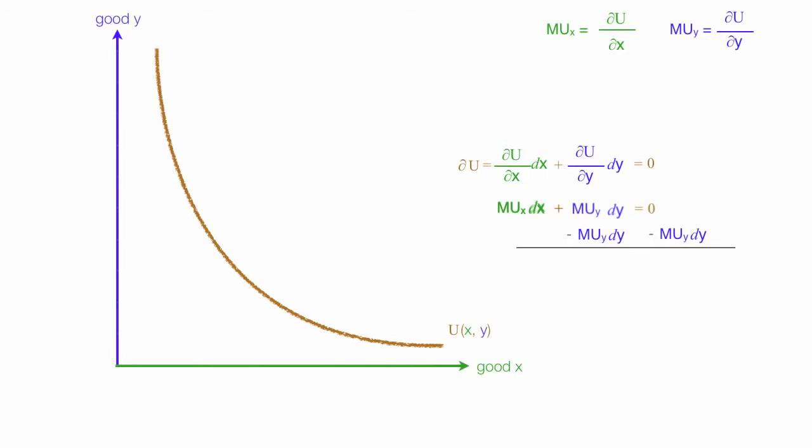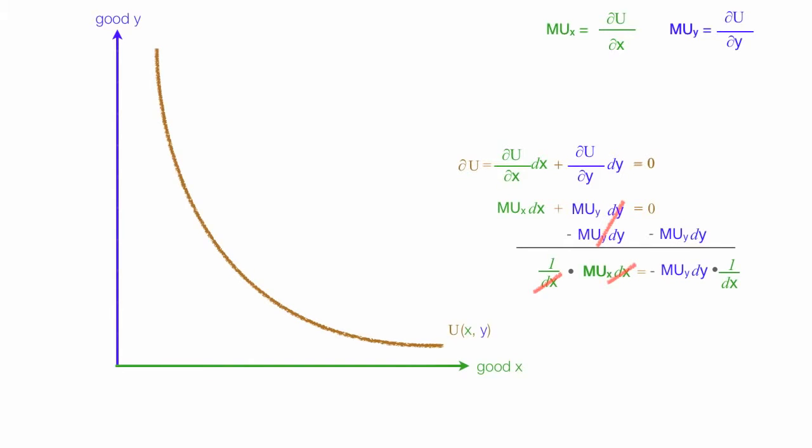On the left side, I bring down the MUx dx. The MUy dy's cancel out. This equals negative MUy dy. Now I am going to multiply both sides of the equation by 1 over dx. The dx's cancel out.